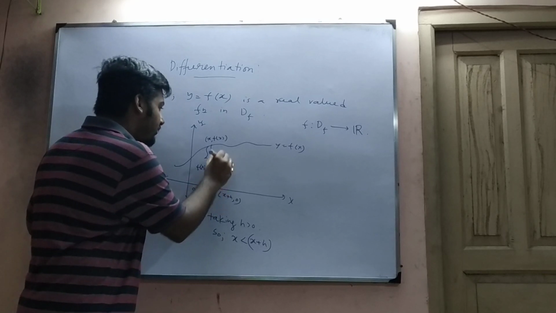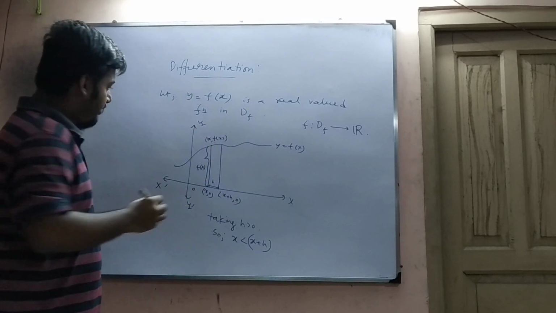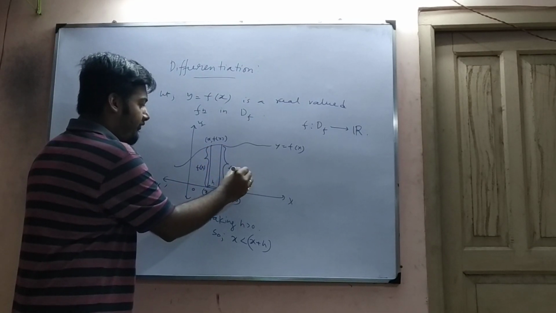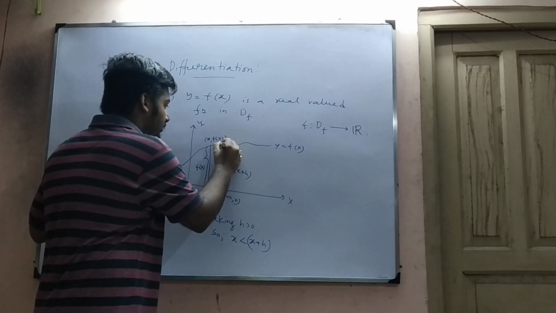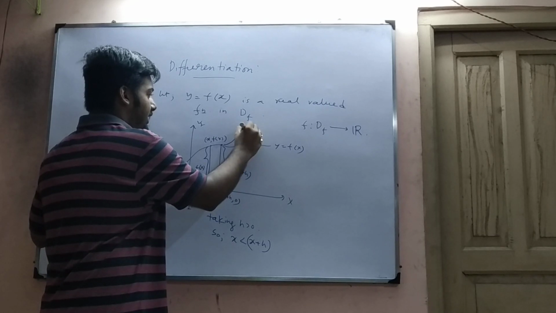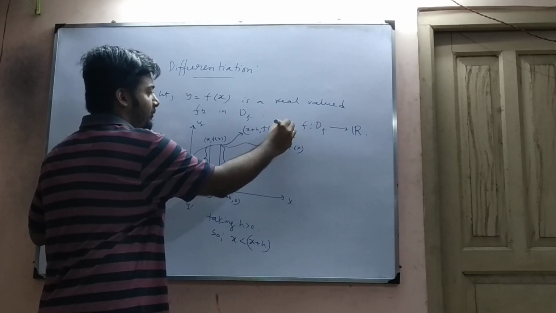So you also have a functional value at the point (x plus h, 0), that is nothing but f of x plus h. Now what is the coordinate of this point? This point is (x plus h, f of x plus h).